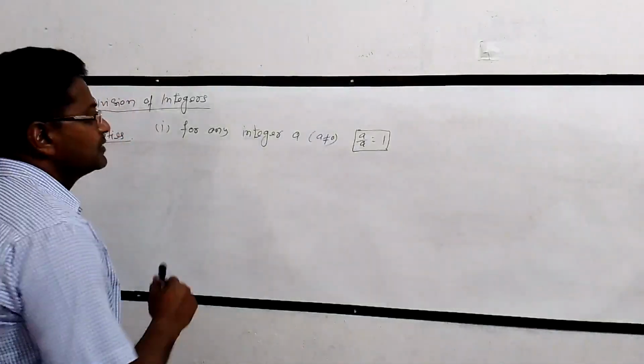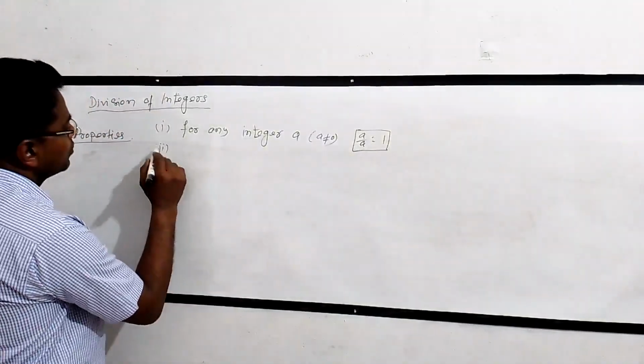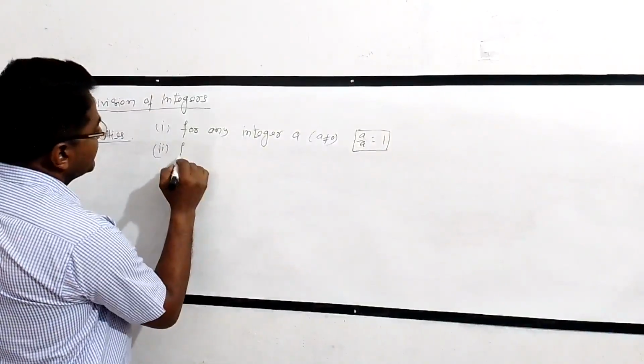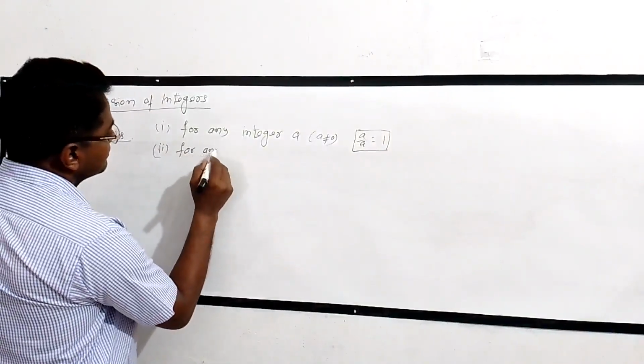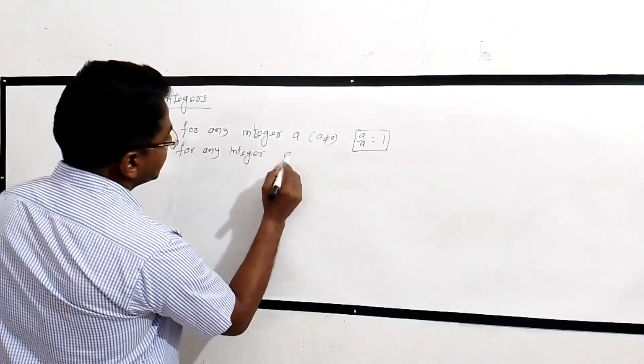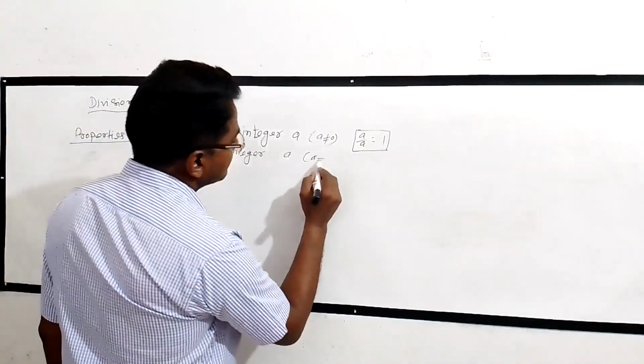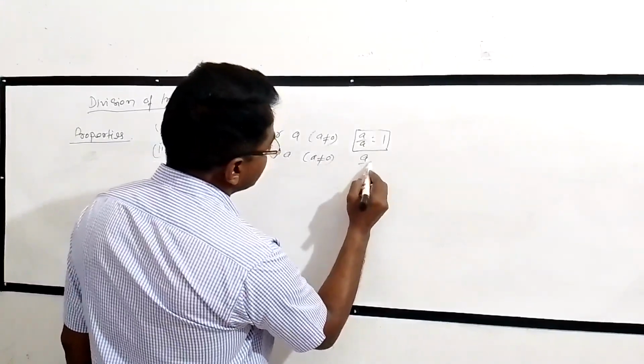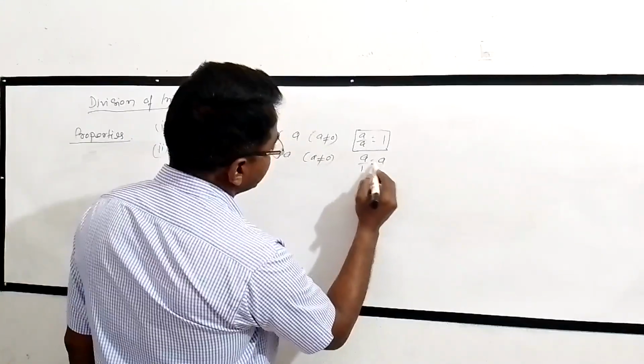This is number 1. Rule number 2: for any integer a, a not equal to 0, a by 1 is equal to a.